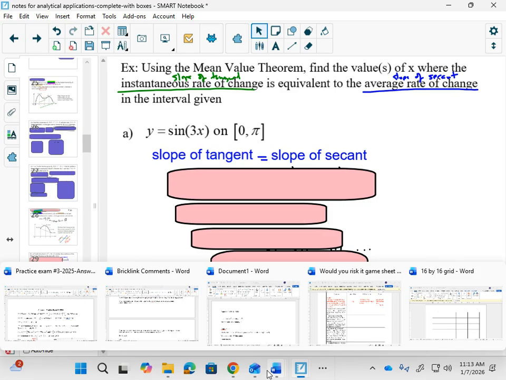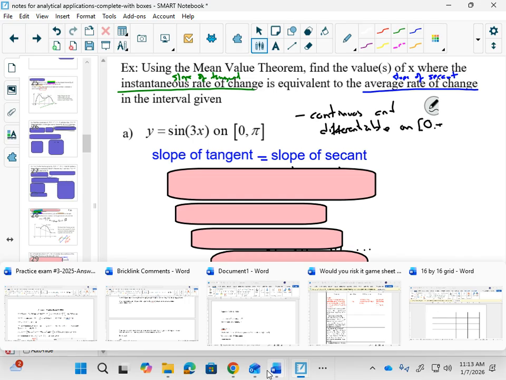So using the mean value theorem, first of all, we have to state continuous and differentiable. State those two things, that y equals sine of 3x is continuous and differentiable on 0 to pi.